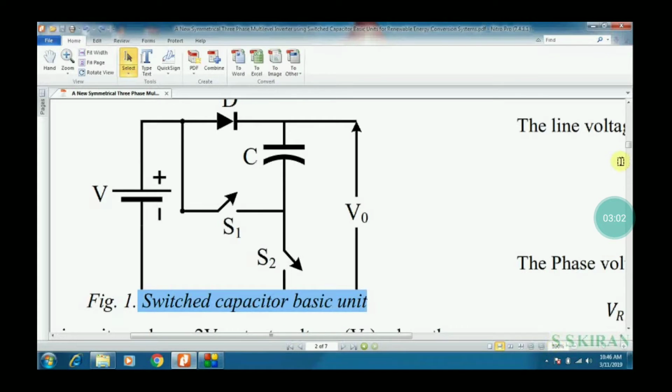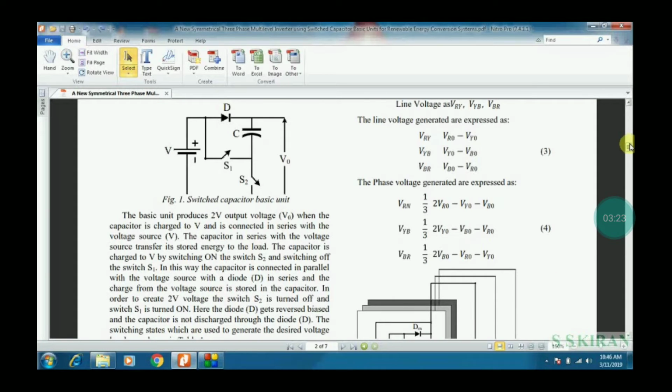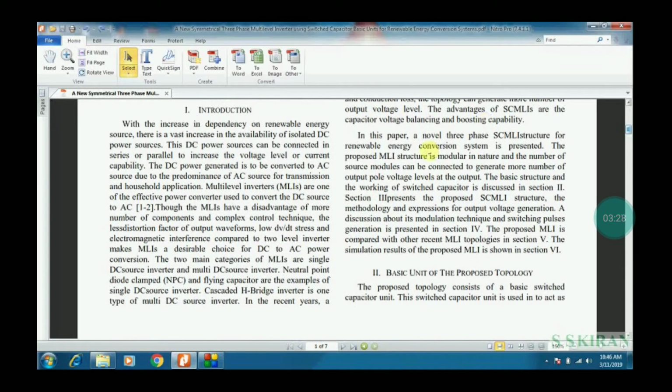In this unit, we can observe one voltage source, then one diode connected as forward bias, and a capacitor for charging and discharging purposes. We can observe the output across the load or capacitor voltage, and the S1, S2 switches also.